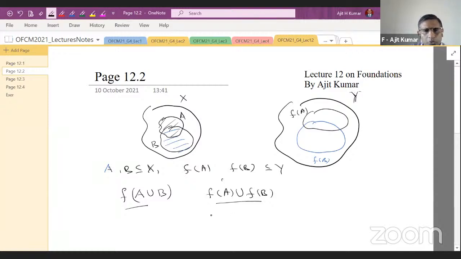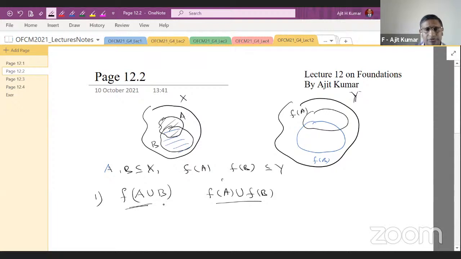Okay. So how are these two subsets of Y related to each other? That's what we want to explore. Whether this is a subset of this, or this is a subset of this, or they are equal.